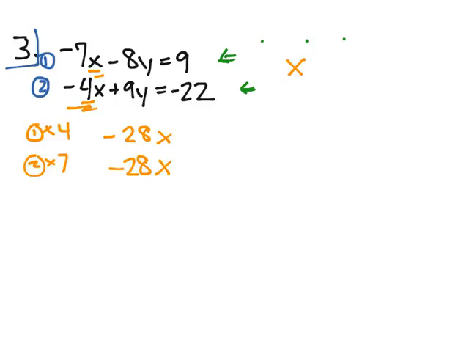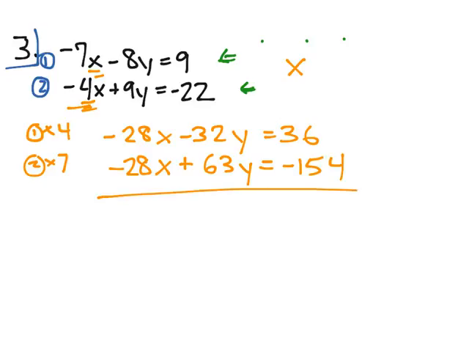So using this, we know we'd get the same coefficients for the x terms. And then minus 8 times 4, that's minus 32y is equal to 36. And 9 times 7, that's 63y, is equal to negative 154.